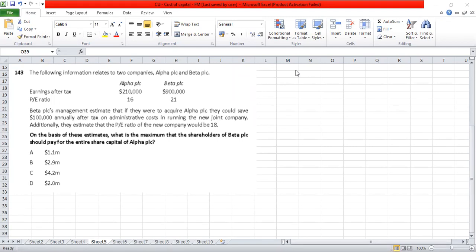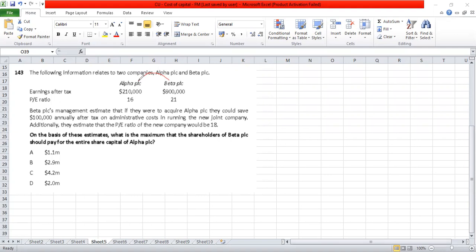So here we see that there are two different companies, Alpha company and Beta company. The earnings after taxes are given, the price earnings ratio is given. Beta PLC management estimate that if they were to acquire Alpha, they could save 100,000 annually after tax on administrative costs in running the new joint company.